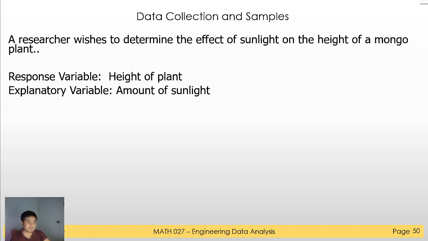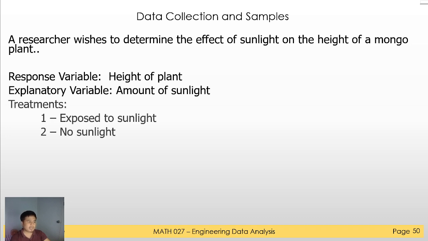So we have the cause, we have the effect. And then for the treatment, we can design our experiment to have a group of mango plants with no exposure to sunlight, and another group with exposure to sunlight. And we want to see the difference in their height after the experiment.